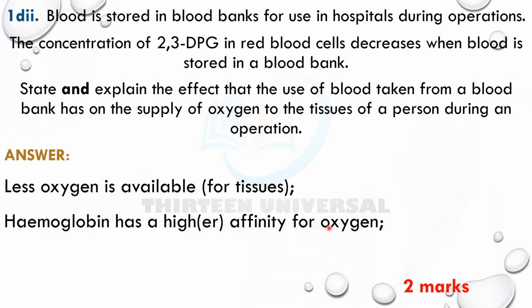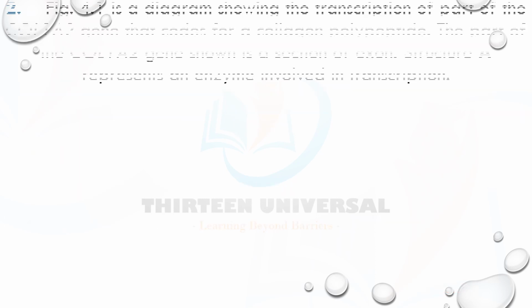Hemoglobin normally unloads oxygen at low partial pressure, but if it still holds on to it, that means it has higher affinity. But less oxygen is available for tissues because it has low partial pressure of oxygen. All right, let's go to the next question.